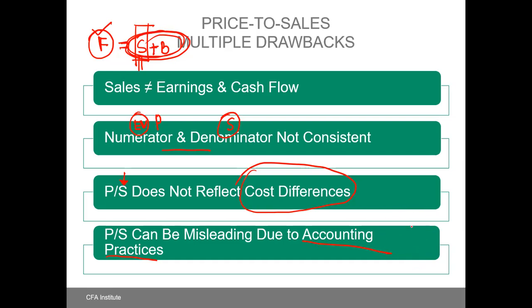Okay, so these are some examples of how sales can be misleading. So overall, the price to sales can be less useful.